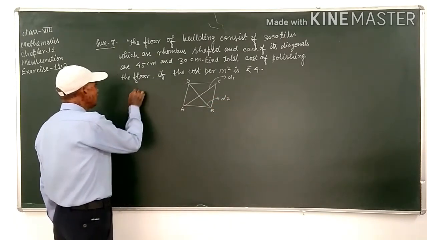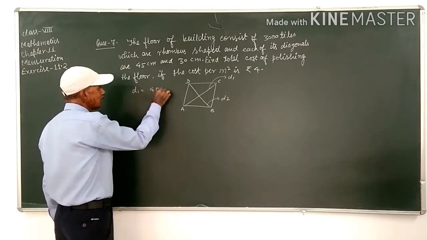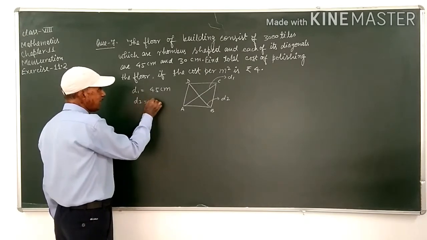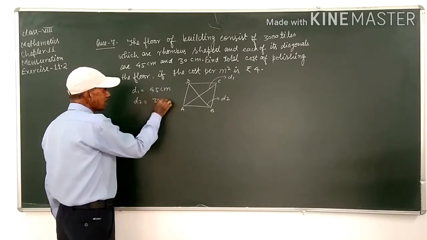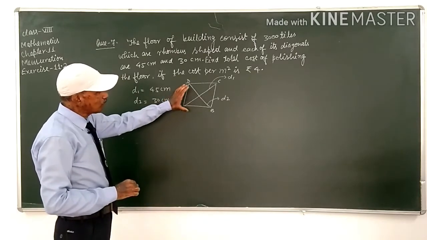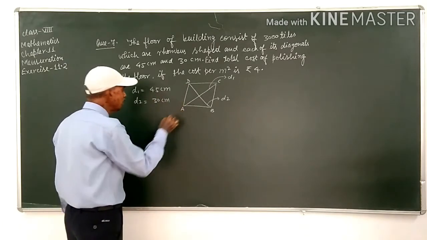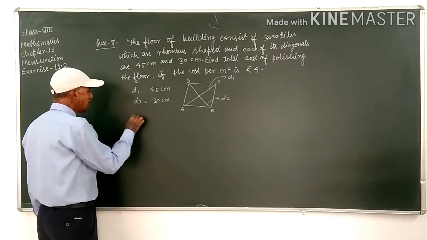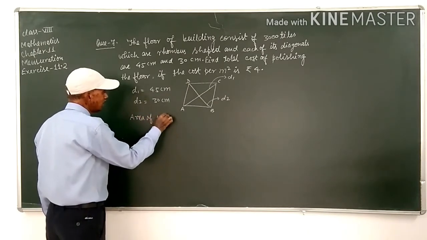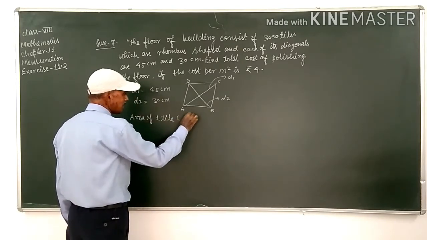D1 is diagonal 1, the length of the first diagonal, which is 45 centimeter. D2, the length of the second diagonal, is 30 centimeter. Clear, students? First of all we have to find out the area of one tile. This is a tile. So the area of one tile, that is rhombus shaped, students.